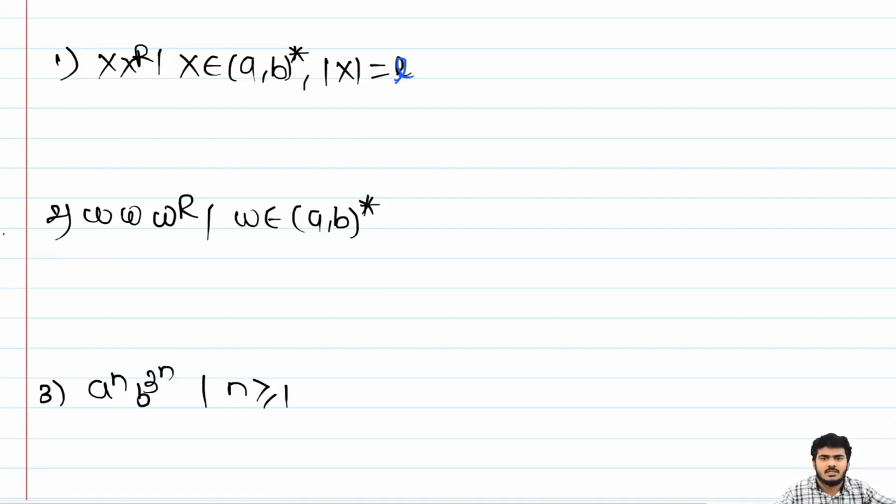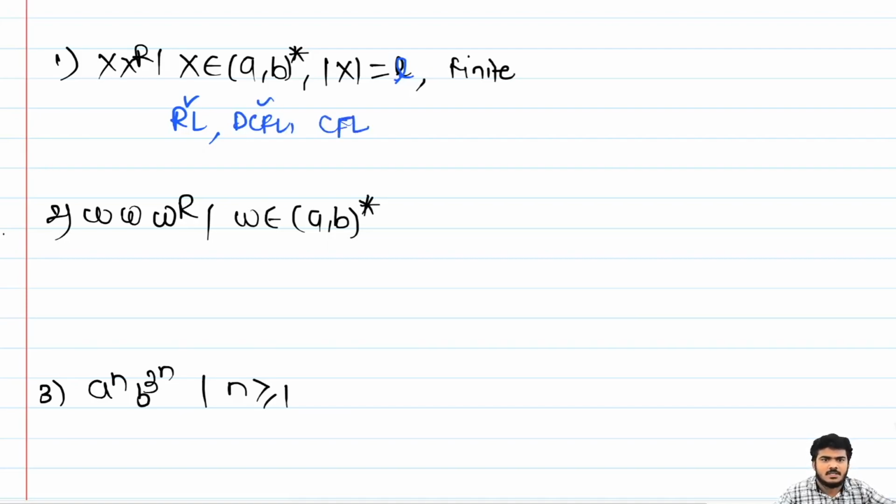But this l indicates it's finite. Whenever the language is finite, we can directly say that it is a regular language, because forming a finite automaton for a finite language is possible. So this is a regular language. Similarly, we can say that this is a DCFL also and a CFL also.